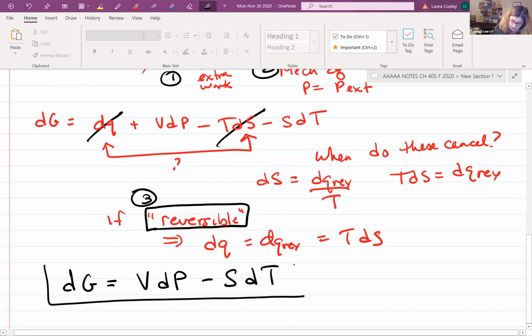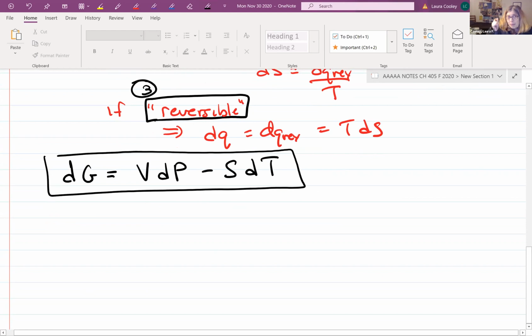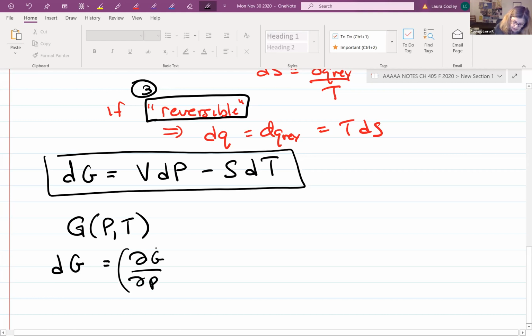Now, this doesn't look like much, okay? But remember back at the very beginning of the term, I said that if you have a function like, say, Gibbs free energy, which is a function of pressure and temperature, then dG, the total differential, would be (dG/dP) dP plus (dG/dT) dT.